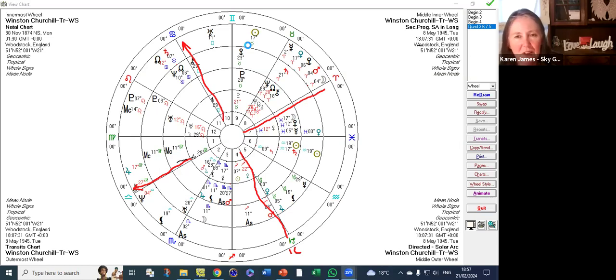All right, let me just go and get the highlighter going here. So where is Churchill's secondary progressed moon? Now the new moon is the secondary progressed sun conjunct the secondary progressed moon, okay? And the secondary progressed moon is the fastest secondary progressed planet because secondary progression is based on every day after birth.